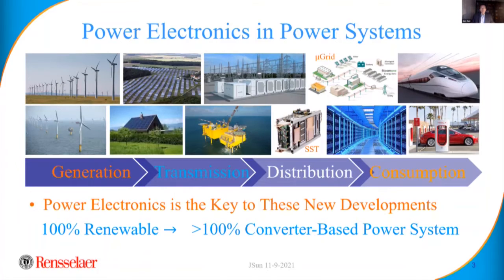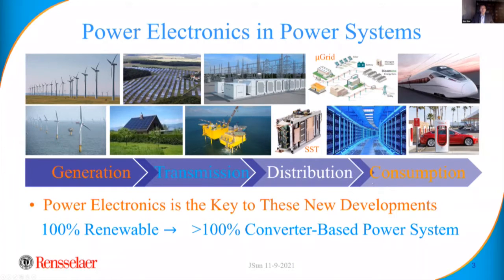This is a busier picture, but the idea is to show how power electronics is penetrating the grid. For anyone who knows the power system, we divide the system into generation, transmission, distribution, consumption.